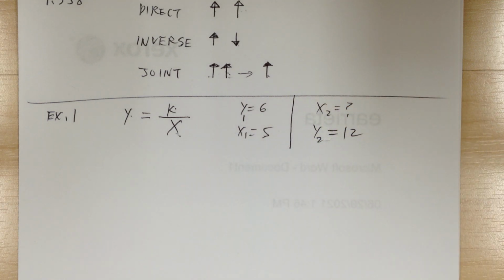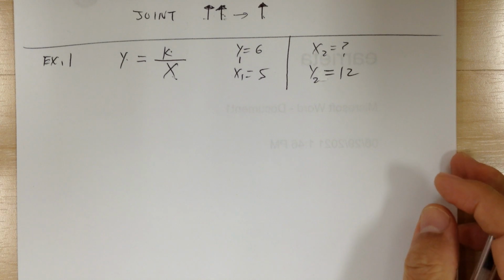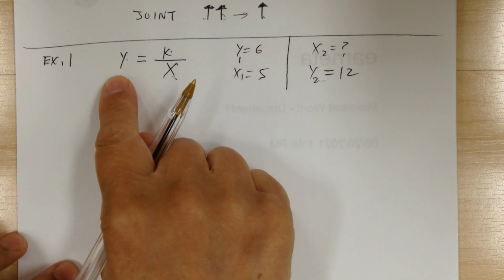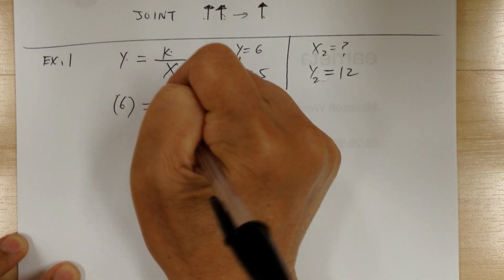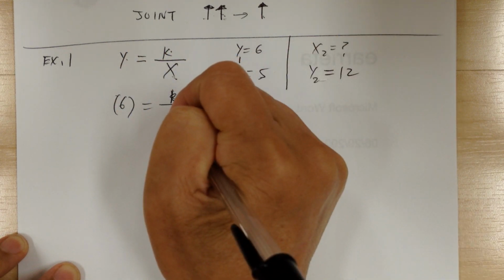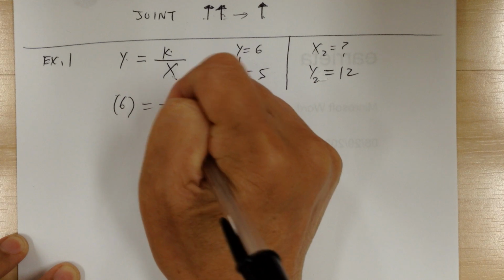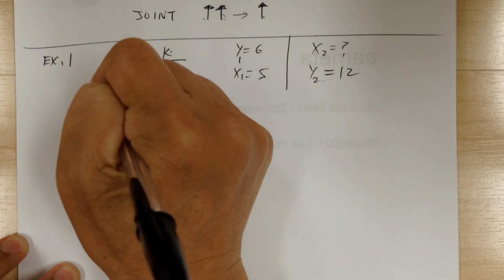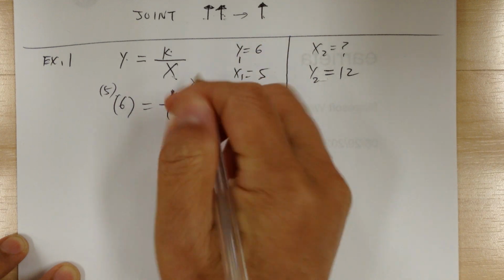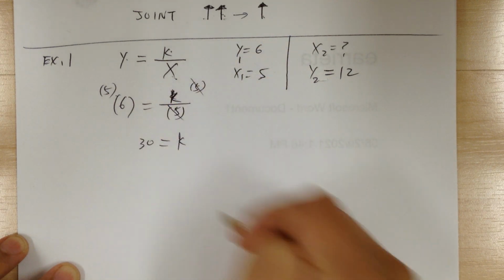So you're going to do exactly the same as what you did before with the direct variation. You substitute in here and look for the k. So you got 6 is equal to k over 5. When you cross multiply, you multiply by the common denominator, so this will cancel out. So k equal to 30.